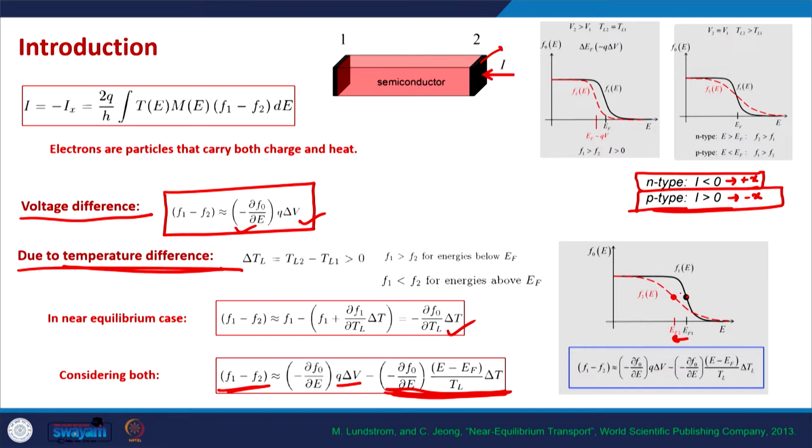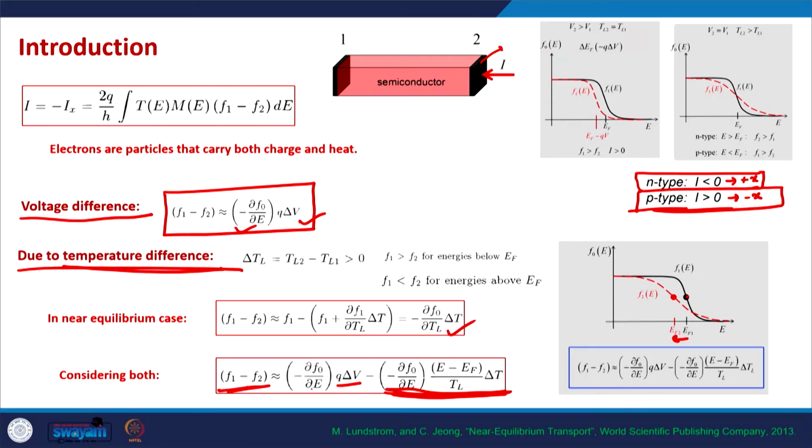So in this case, which is a very general case, we need to consider both of these terms while calculating F1 minus F2. And please remember that this is a near equilibrium situation. Near equilibrium means that the applied voltage is quite small, and the temperature difference is also small. We are not applying a large voltage or a large temperature difference.